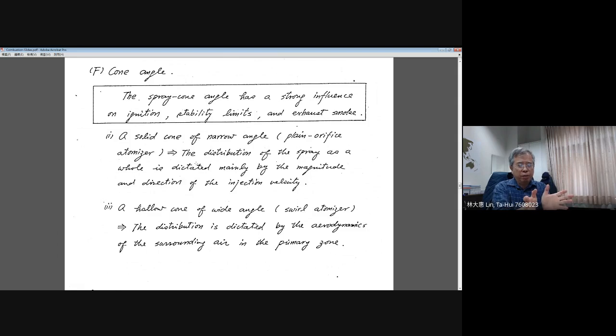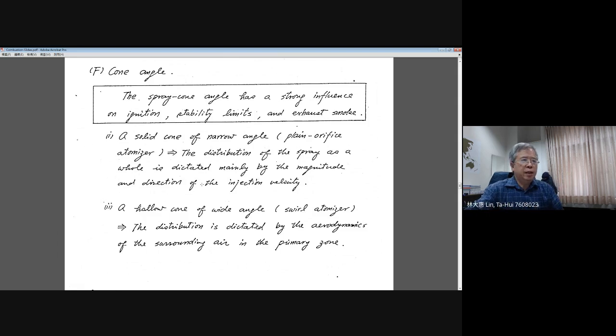When it opens your spray angle, the momentum will be reduced along the axial direction but increased along the radial direction. Then the penetration depth becomes smaller, but it will move more easily in the radial direction. The spray angle will be open.